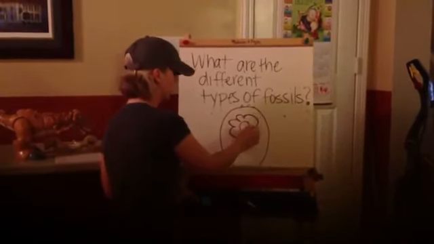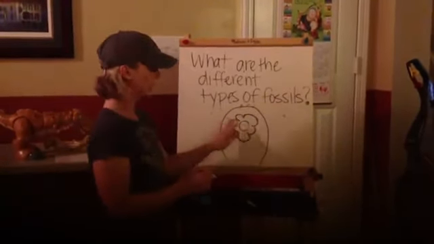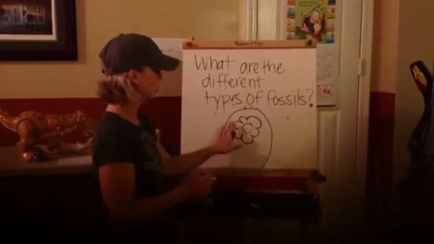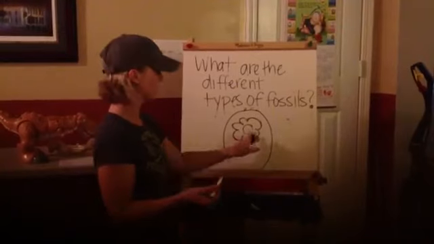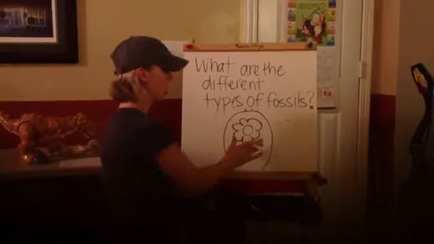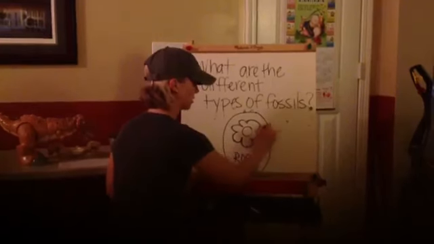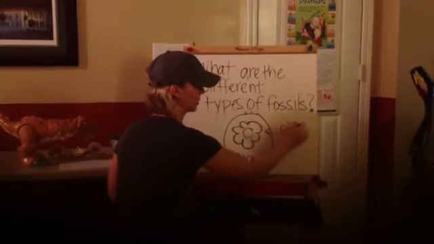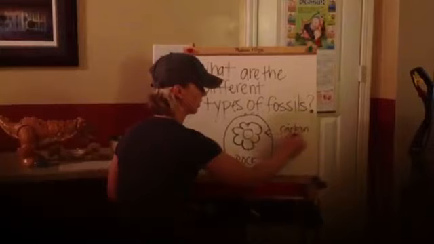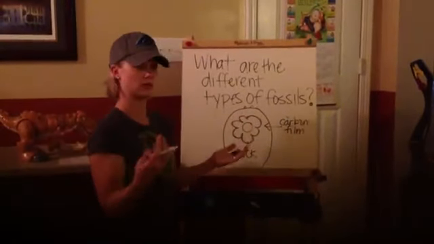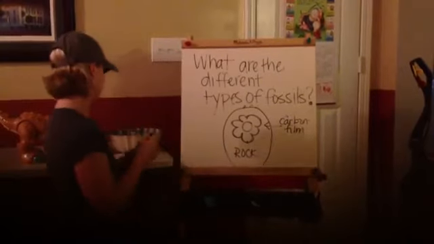So this isn't actually the plant, it's its carbon that has left this impression. I guess you can't even say an impression, but has left almost like an artist's paintbrush on the rock itself. So remember, this is a rock, and this would be the carbon film that was left as a result of being possibly just squished between the rock for millions of years. Okay, so that's the fifth type.